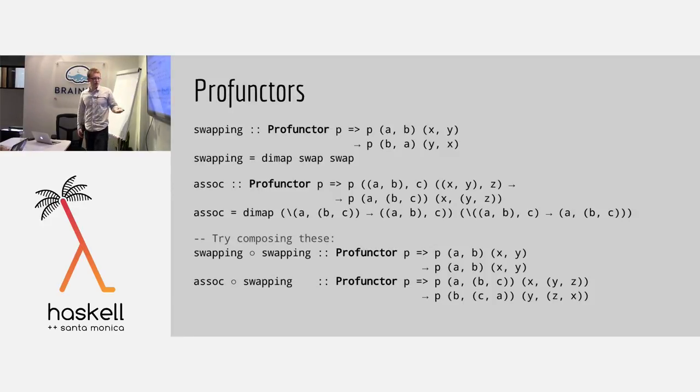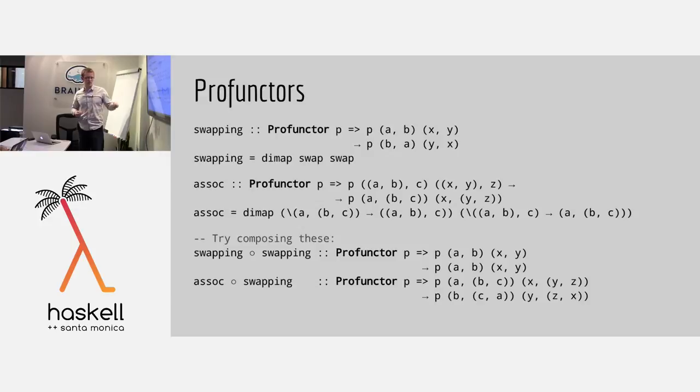Okay. Yeah. So this is saying I want to associate and then I want to swap. But because isomorphisms are closed, then I get something else that's isomorphic, right? So this isn't either an association or a swap, but they're still isomorphic, right? An A paired up with a B paired up with a C is isomorphic to a B paired up with a C paired up with an A, because I can just permute the things.